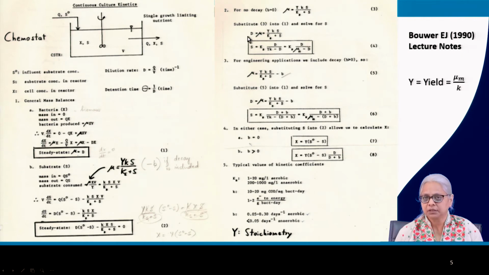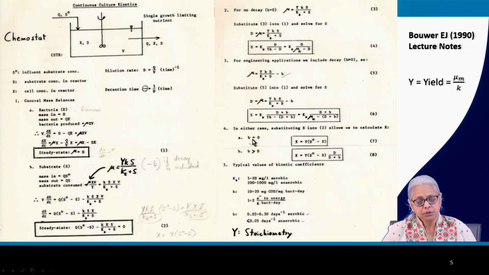So you get the equation for D and the equation for S without accounting for decay. If you want to account for decay, then this equation number 3 has to be modified. B stands for the decay term, that's the endogenous decay rate, and you can modify equations 1 and 2 similarly to get equation 6.